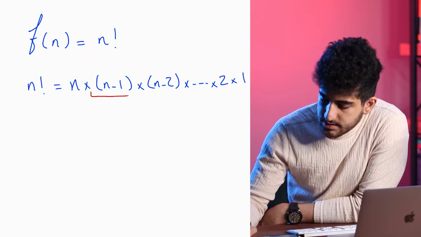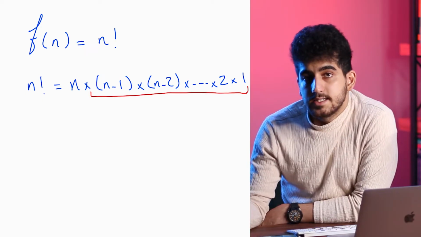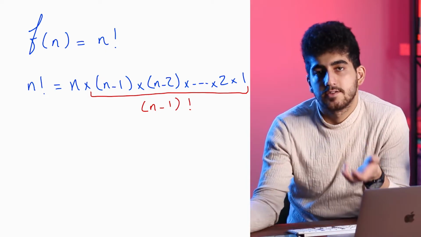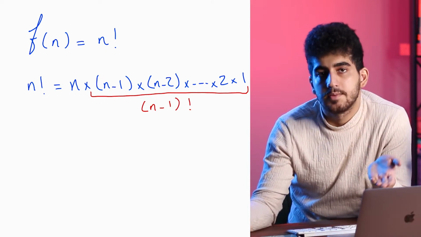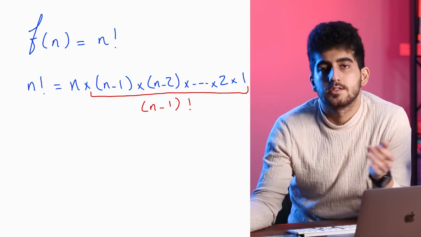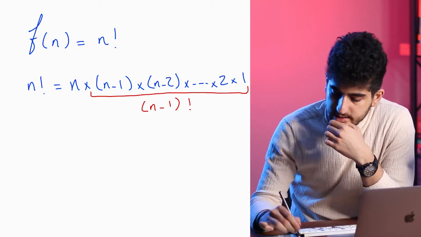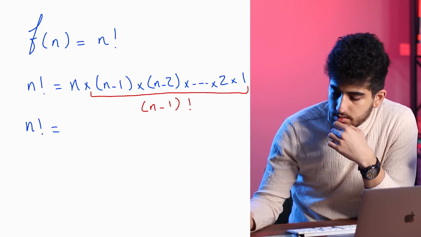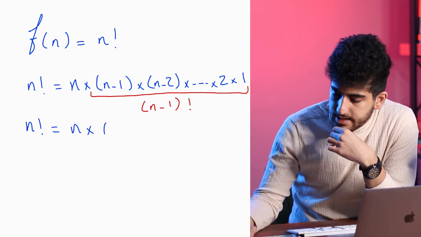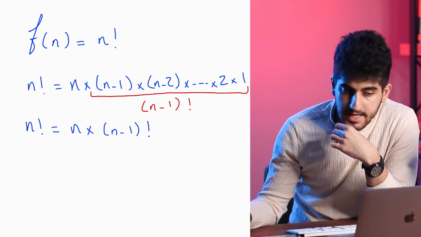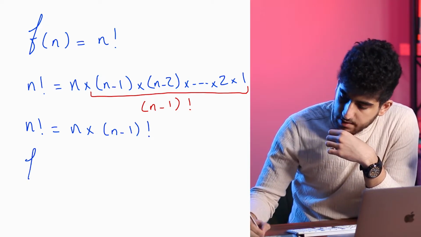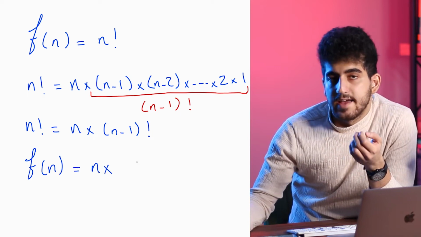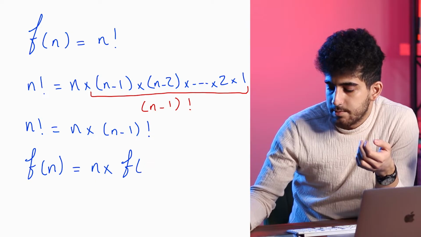If I consider this part, it is n minus 1 factorial. By definition of factorial, n minus 1 factorial is n minus 1 times n minus 2 and so on. So I can say that n factorial is equal to n times n minus 1 factorial. In other words, f of n is equal to n times f of n minus 1.